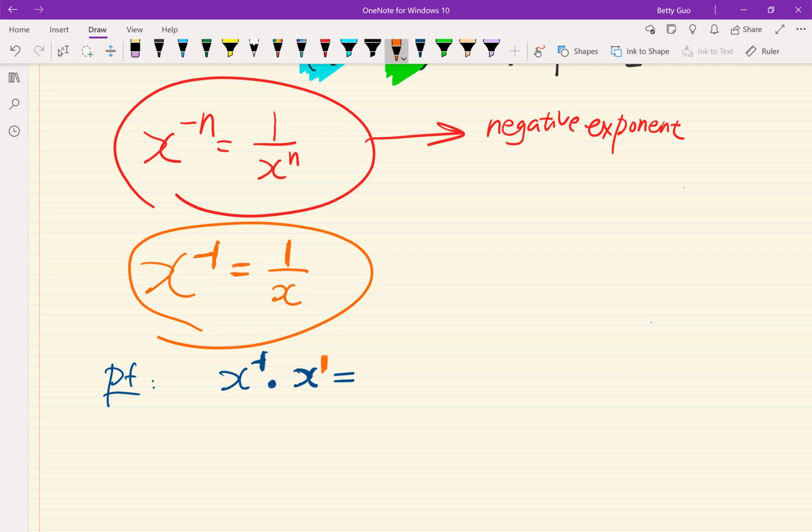What's the name of the first formula we learned yesterday? Product rule. We use the product rule to multiply powers with the same base, right? Are we multiplying two powers with the same base? X to the power of negative 1 times x to the power of positive 1, right?